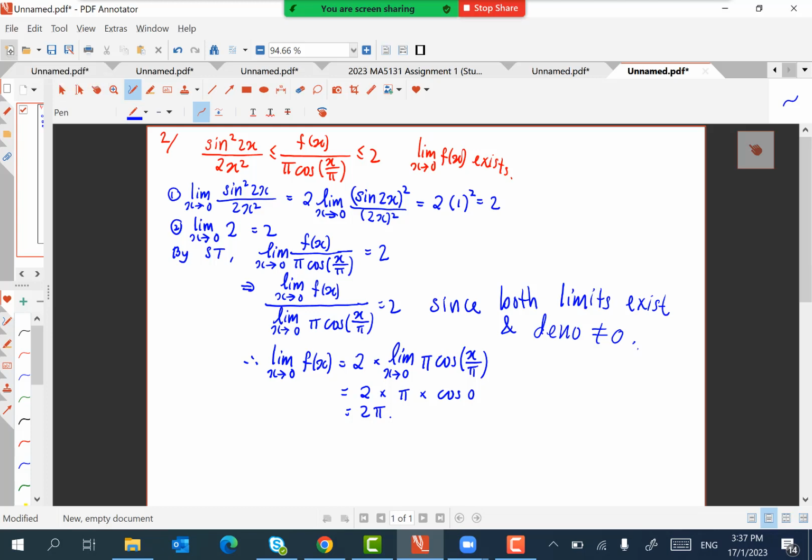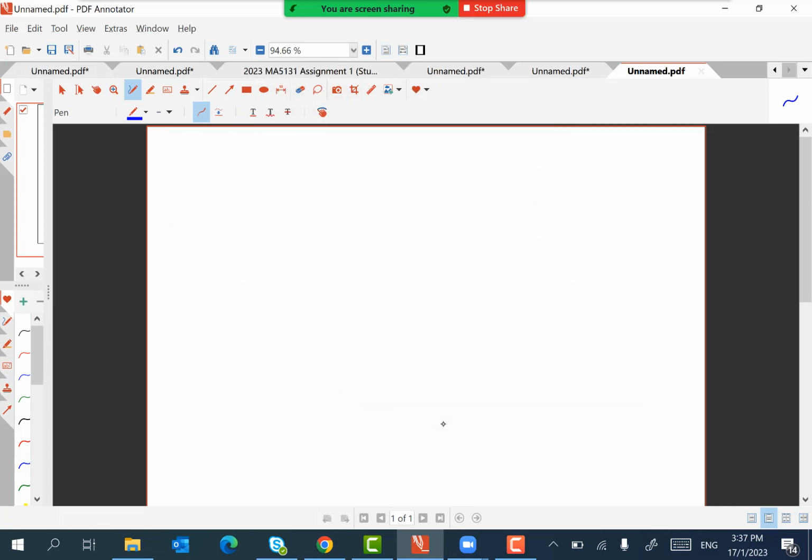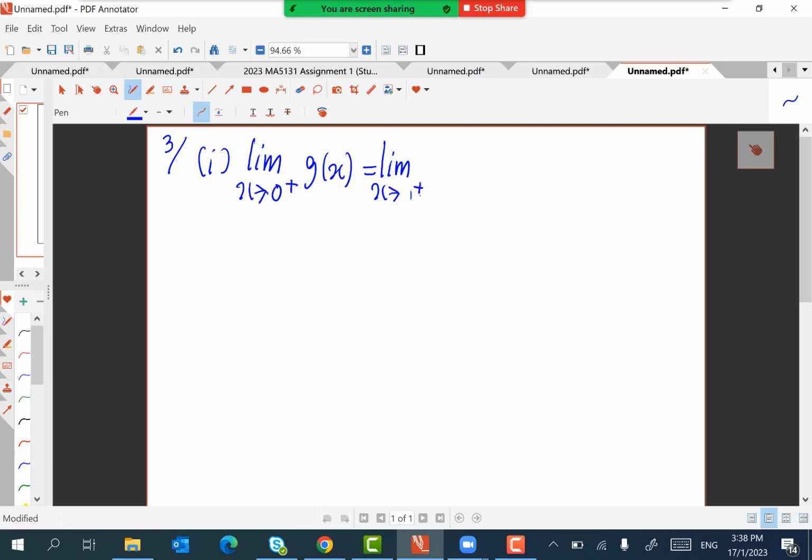Okay, let's move on to question 3. Question 3, part 1. It asks you for the limit as x tends towards 0 plus of g(x). And then this gives you the limit as x goes towards 0 plus of this function.